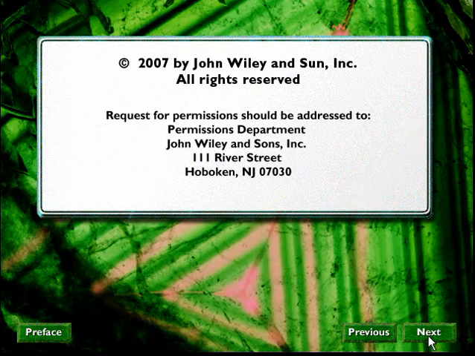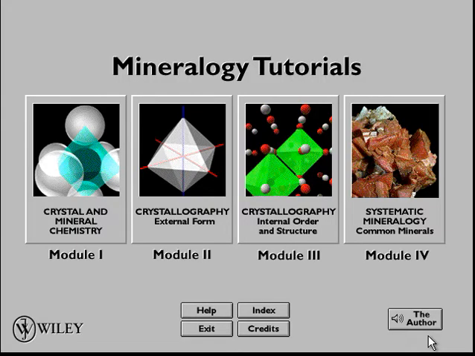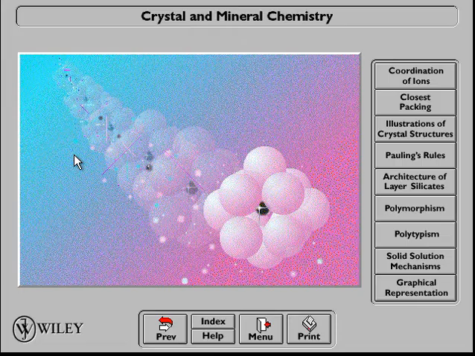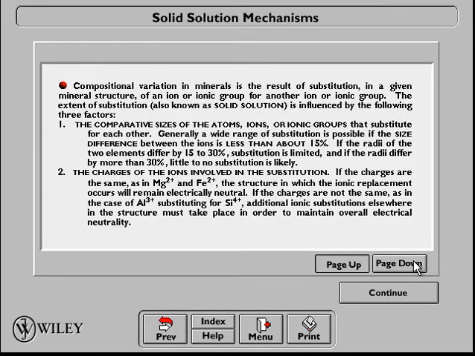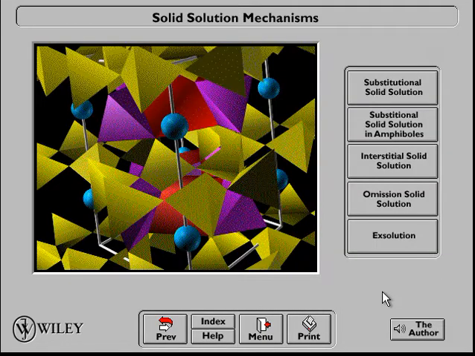So let us just go to this point where we stopped last time. We were talking about the solid solution mechanism. Have we done this? Yes, we have done this. We have discussed the substitutional solid solution, the substitutional solid solution in amphibole, the interstitial solid solution.